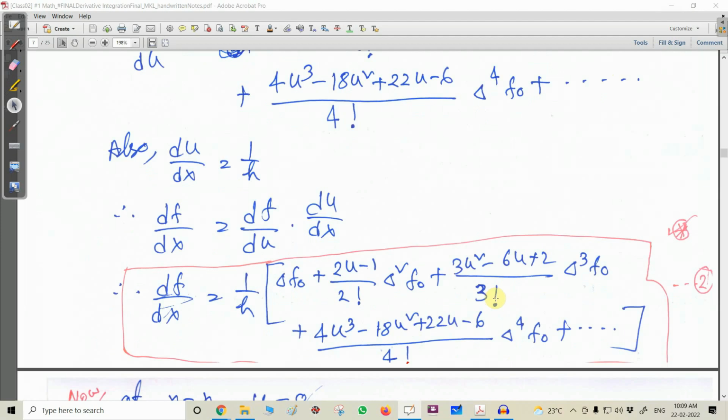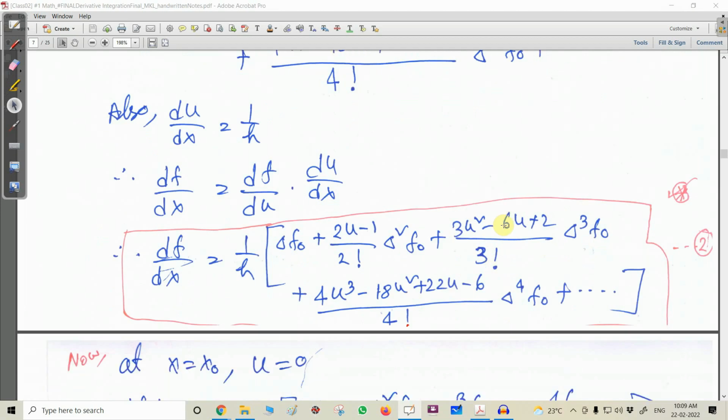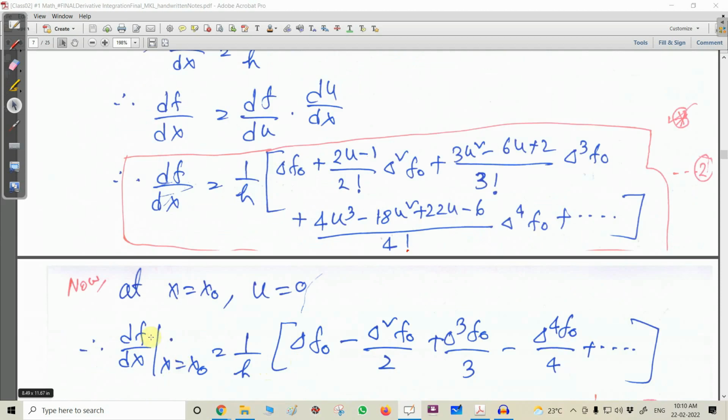Okay, now what will happen if at x equals to x0 or u equals to 0? At x equals to x0, u equals to 0. These things seem to be complicated, but when you solve a problem, you will get the idea.